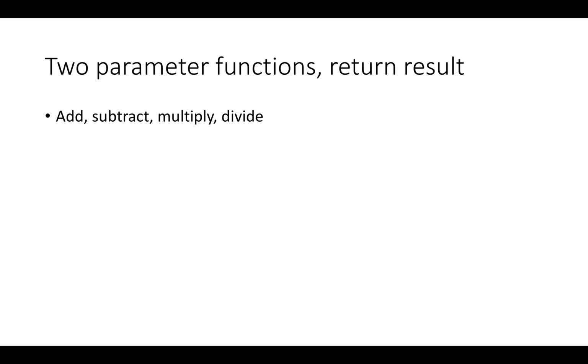The first category of functions is the 2-parameter functions, and they return a result. So add, subtract, multiply, and divide take 2 parameters and return a single number. There's 2-parameter functions that return 1 or 0, larger and smaller. And there's 2 parameters that don't return anything. With our compare function, it takes 2 integers. The first one will compare to the right one.